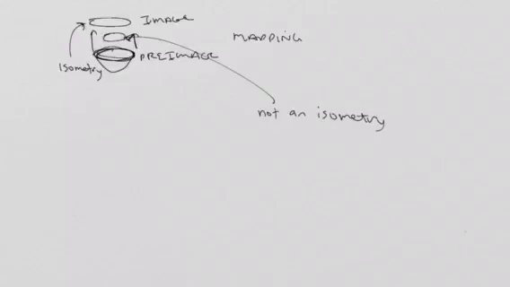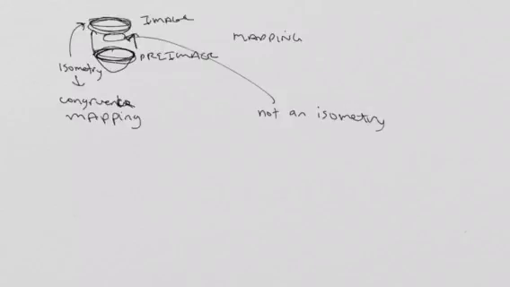An isometry can be called a congruence mapping, because I mapped everything down here up to points up here, and they were congruent.